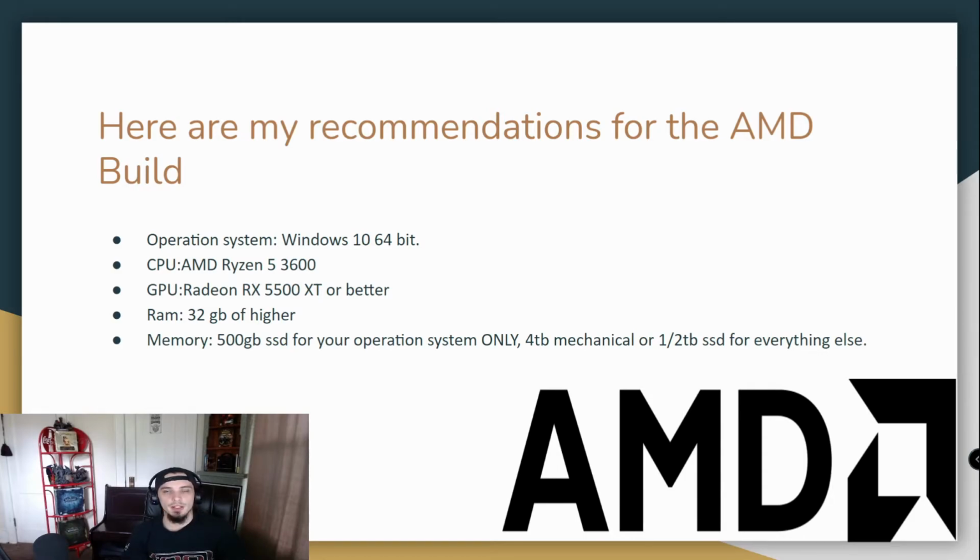Both of these are tailored to 3D development, as that is pretty much the max that you're going to be doing, and honestly, they're pretty low costing machines.